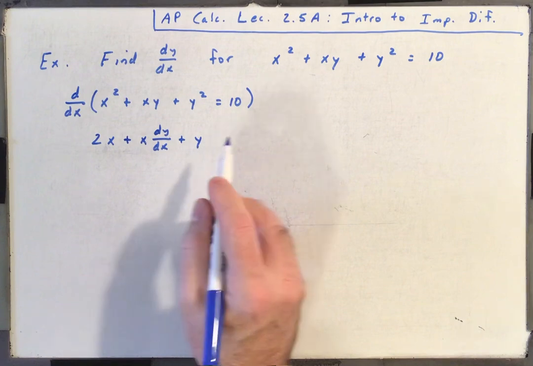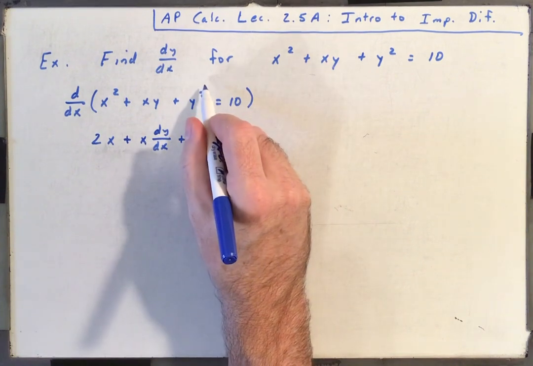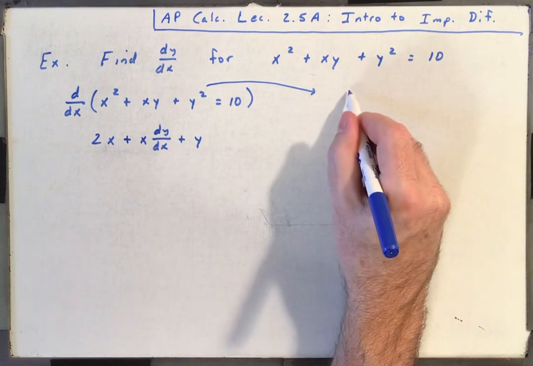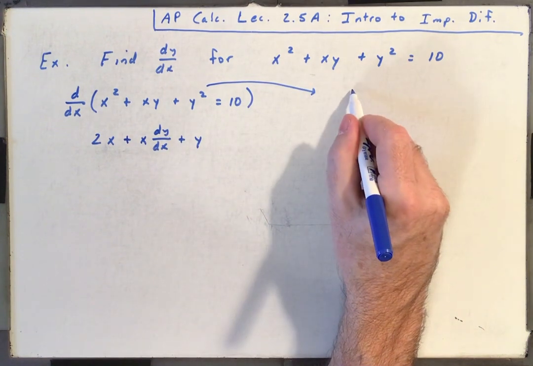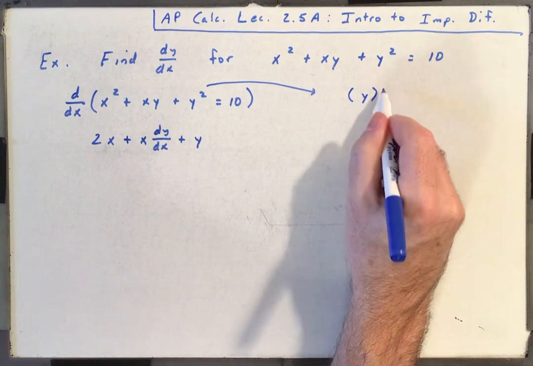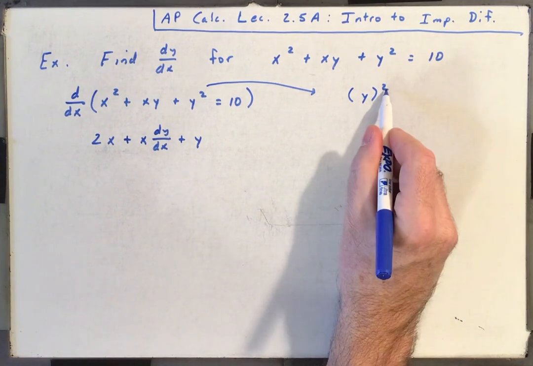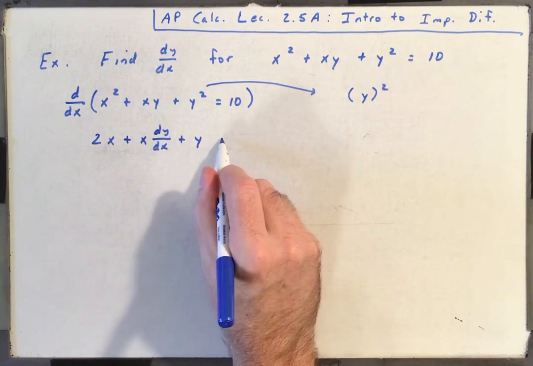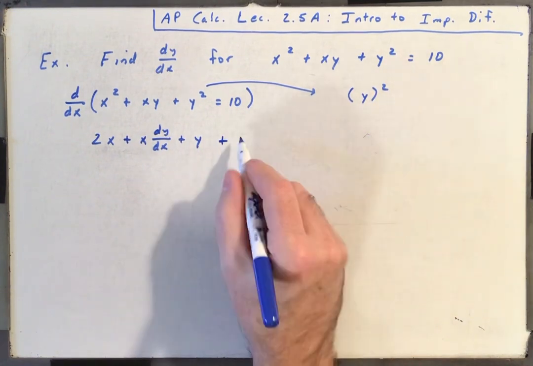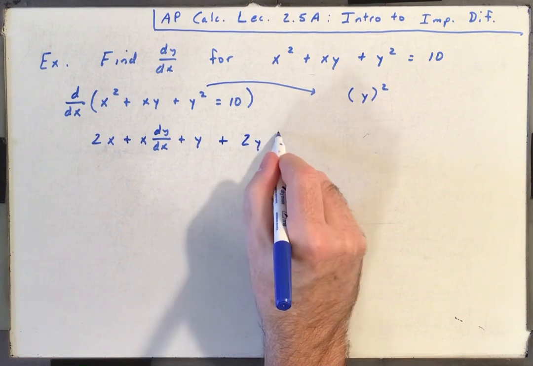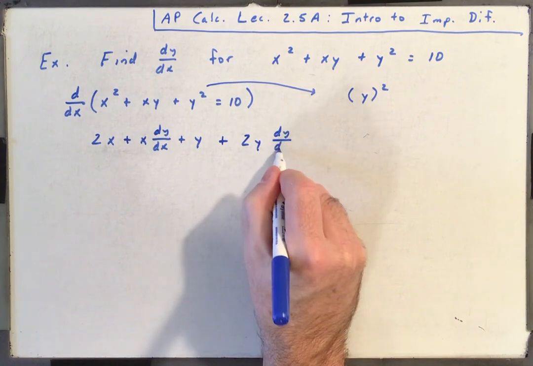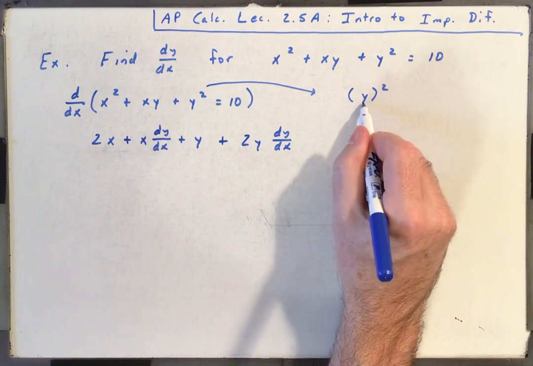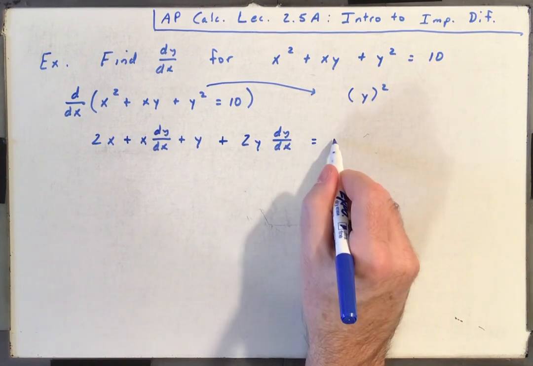So I'm not going to write the 1. Now y squared, we just did that one, right? If we think of it like this, then the outer function is y squared, the inner function is y. So that'd be plus 2y dy dx. Outer function, the derivative is 2y. The inner function, the derivative is dy dx, is equal to 0.